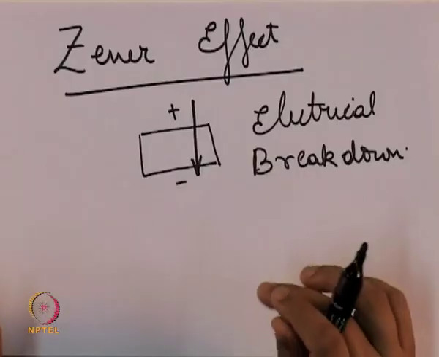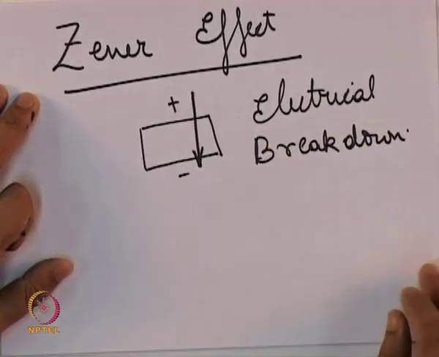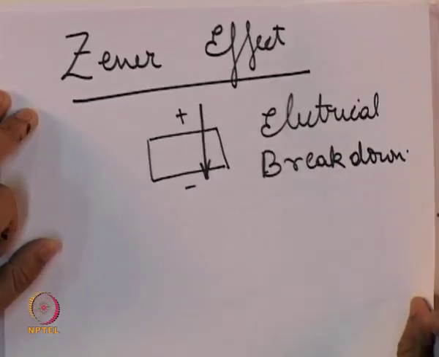So that is the Zener effect. That is different from the normal electrical breakdown phenomena that we know. This Zener effect is usually exhibited by a device called the Zener diode.